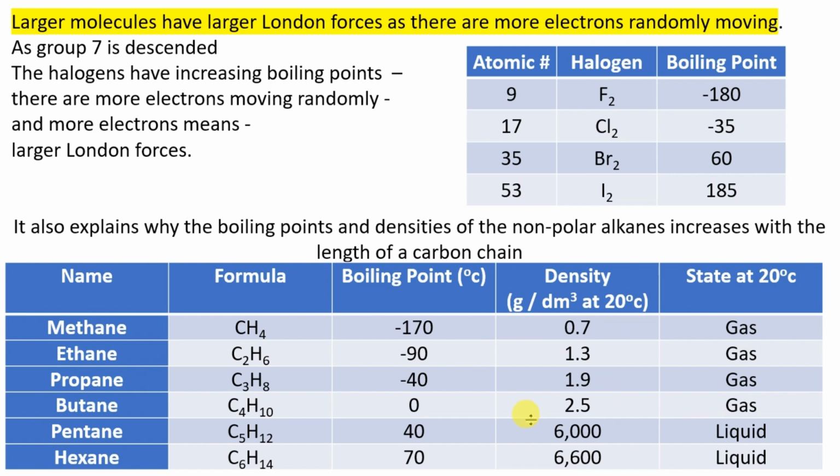Big difference between the densities of butane, 4 carbons, and pentane, 5 carbons, simply because pentane is a liquid because of the increasing London dispersion forces. Butane, the forces are small enough for it to remain as a gas at room temperature.